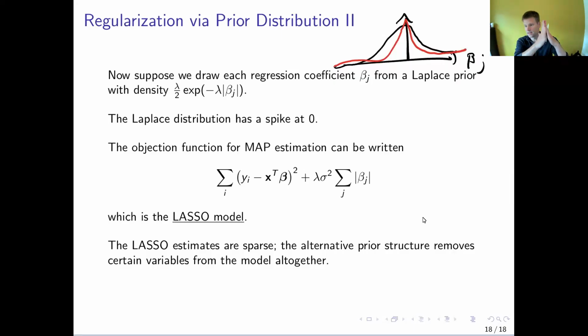So it's got this spike at 0, and so in a sense, draws the regression coefficients even more tightly to 0 than a normal distribution, which is constrained to have this flat slope at 0. So if you use a Laplace distribution as your prior structure on regression coefficients, you end up getting an objective function that depends on, again, the residual sum of squares plus the sum of the absolute values of the regression coefficients. And this is called a lasso model, okay?